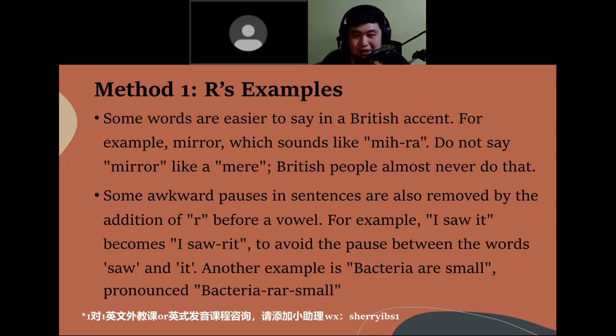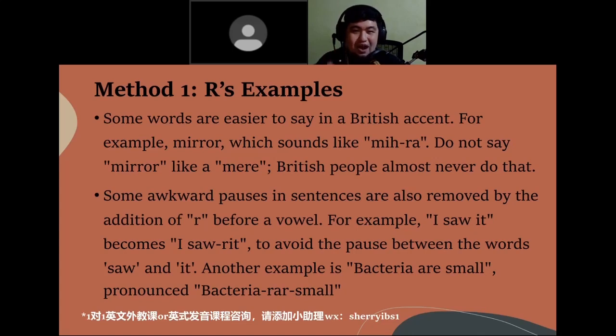Some awkward pauses in sentences are also removed by the addition of R before a vowel. For example, I saw it. Instead of saying I saw it, because they don't want the pause between the word prior and the word that's coming after, they say I saw it. I saw it.